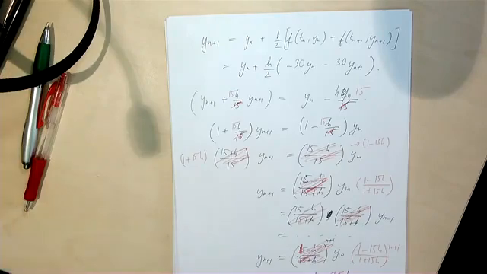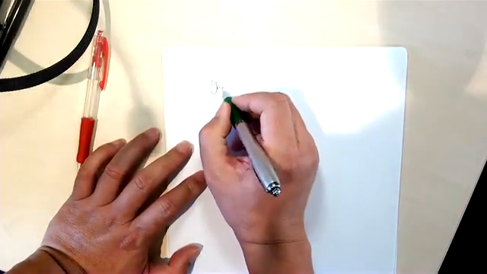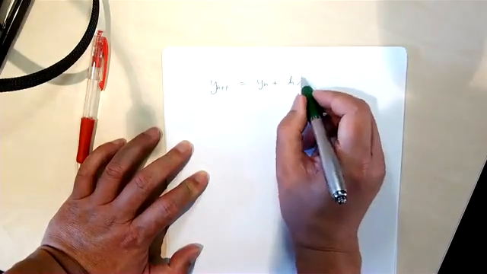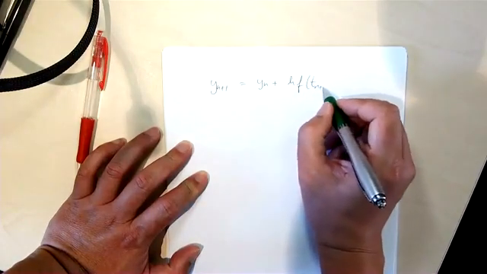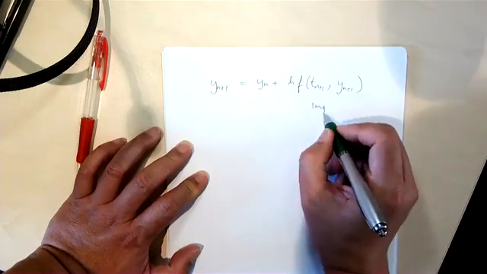No. The two formulas are different. So the implicit Euler method looks like this. So yn plus 1 is yn plus h f of tn plus 1, yn plus 1. So this one is the implicit Euler method.